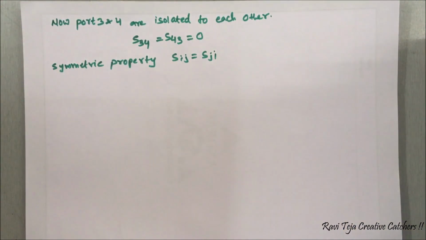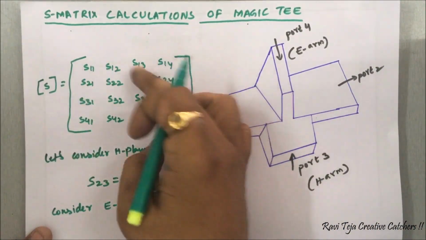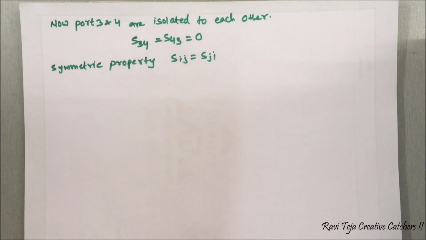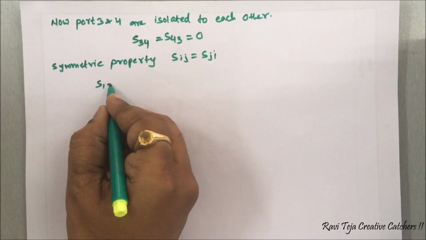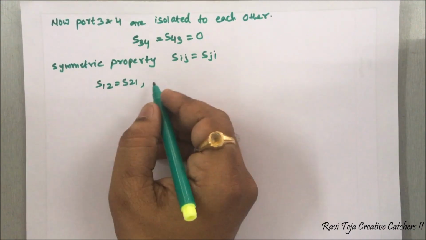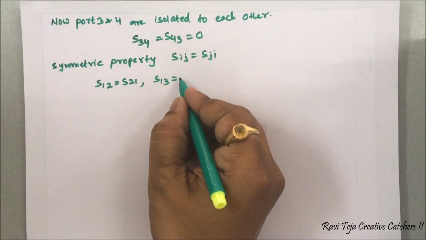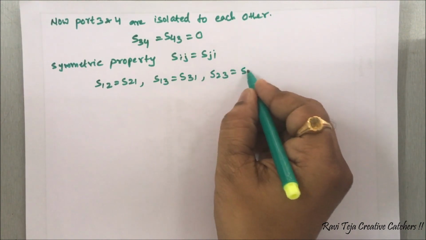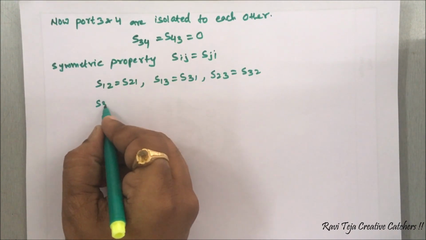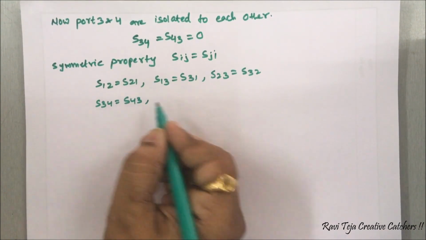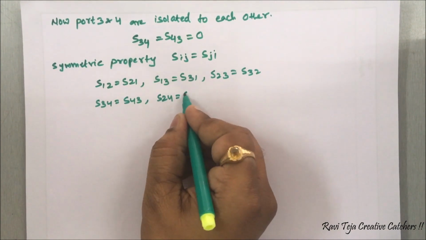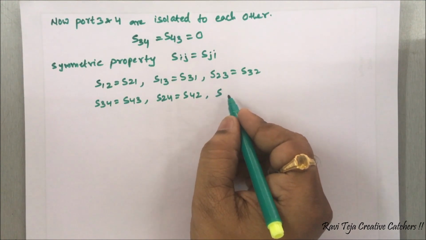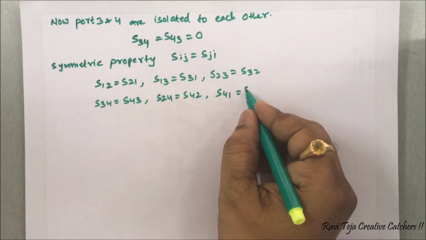From this, if you write the whole S matrix in the form of the symmetric property, what we get is S12 is equal to S21, S13 is equal to S31, S23 is equal to S32, S34 is equal to S43, S24 is equal to S42, and S41 is equal to S14.